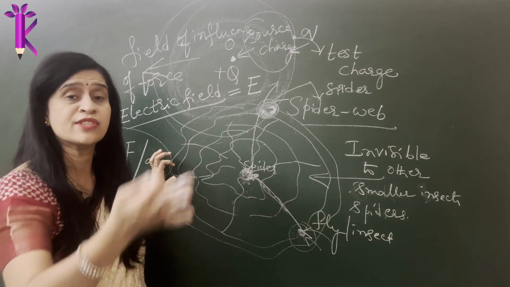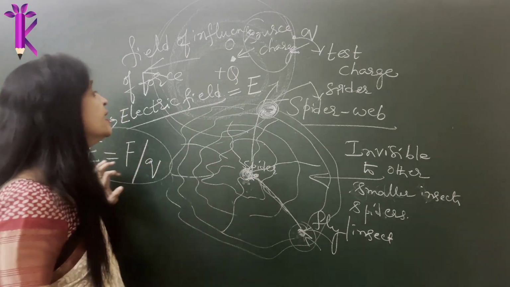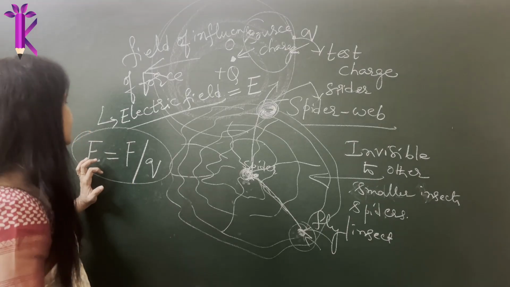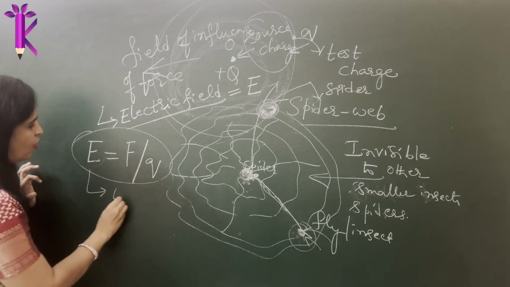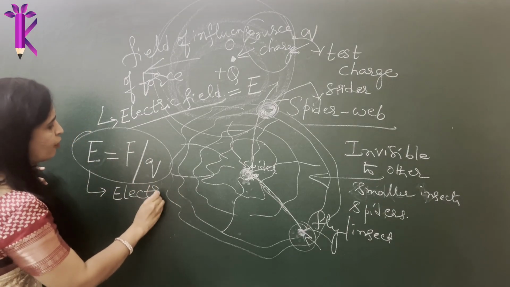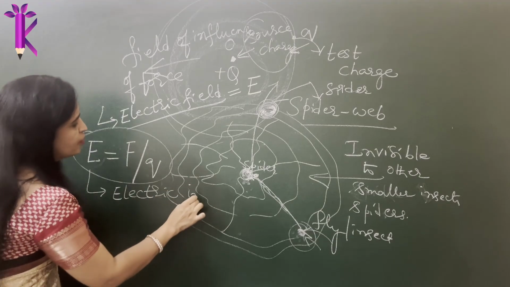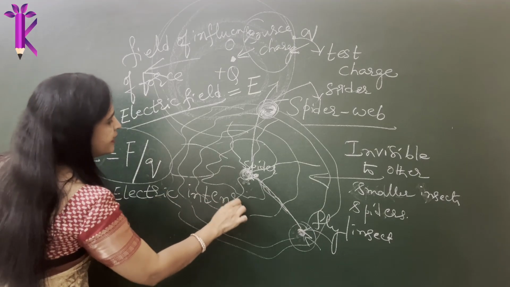The electric force created around itself is weak, which brings us to the explanation. This stronger force or weaker force is defined by a term called electric intensity.